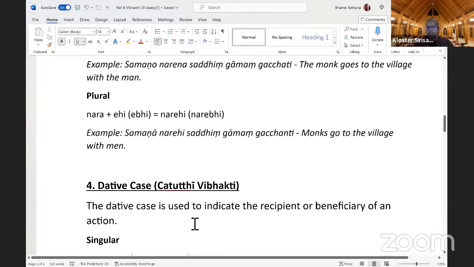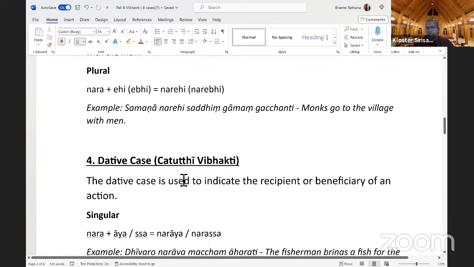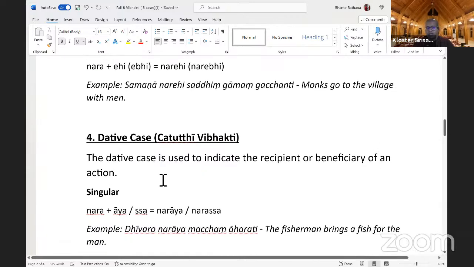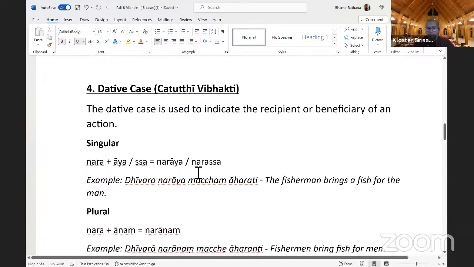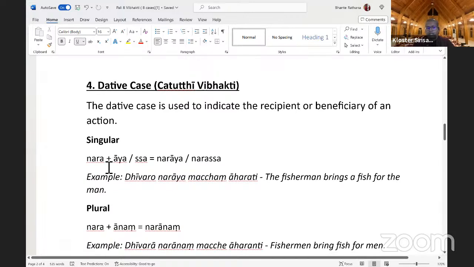Okay. The fourth one is the dative case, Chatuthi Vibhakti. The dative case is used to indicate the recipient or beneficiary of an action, one who receives something. The singular is nara plus aya or asa, Naraya or Narassa.